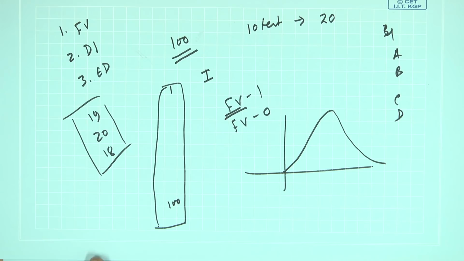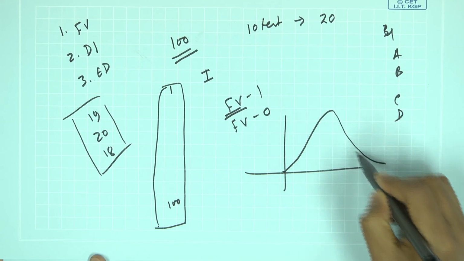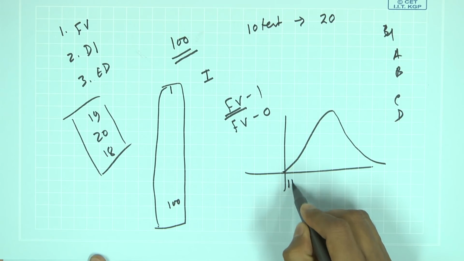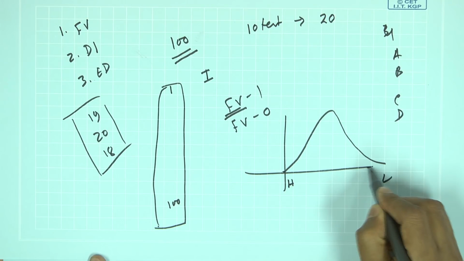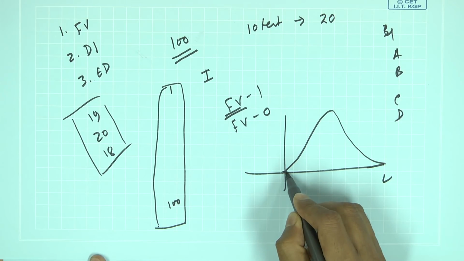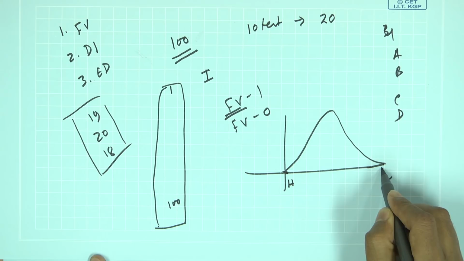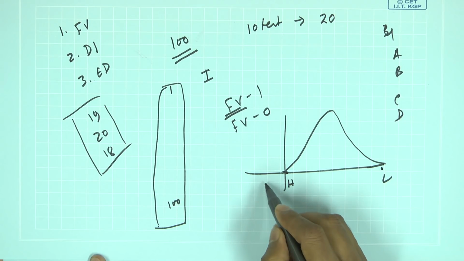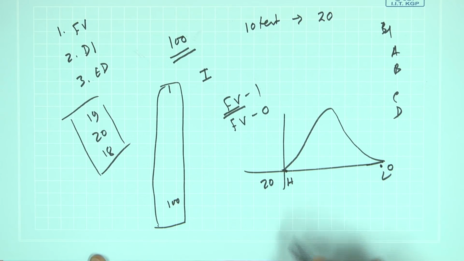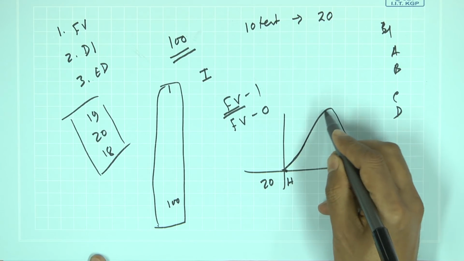So I take the distribution of the marks. This is the highest category of students, who get the highest marks, and this is the lowest category, who get the lowest marks. So this is 20 and this is 0, and this is the student distribution.